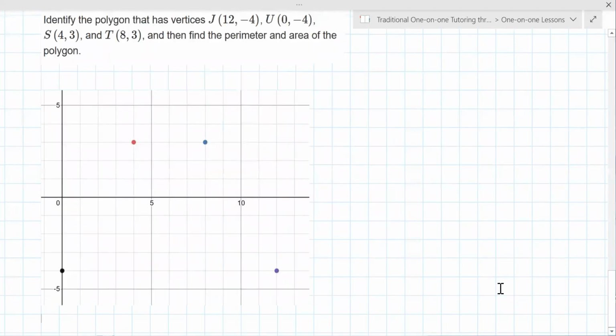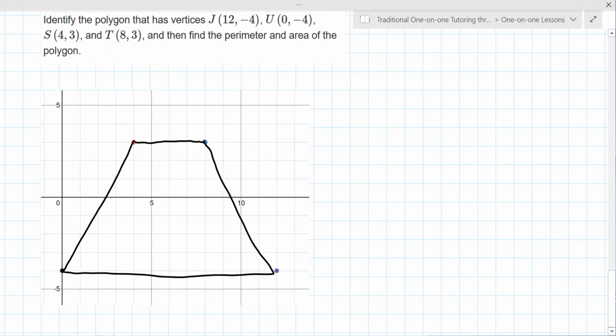Okay, so here I'm going to connect the lines, and hopefully you can tell me what shape this is. It's not a parallelogram. That looks to be a rhombus. Nope, it's not a rhombus. A square pushed over is a rhombus.